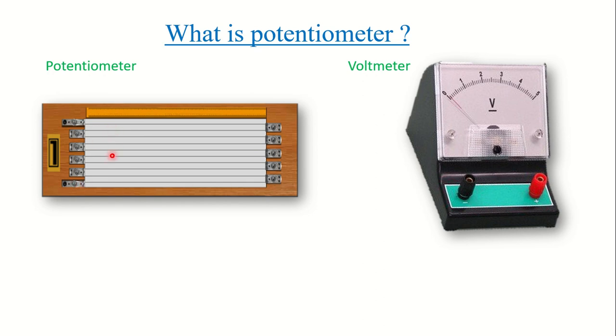Each wire is 1 meter long, and you can see a meter scale attached to the wooden board here, and the starting point of the wire is marked as A, and the end point of the potentiometer wire is marked as B.